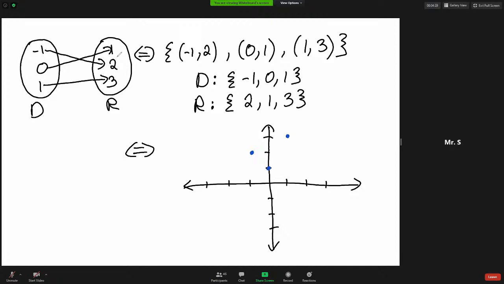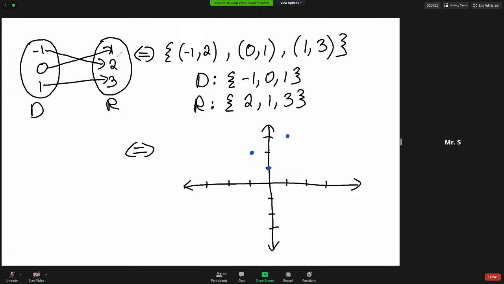So again, a relation is just a correspondence between two sets, and those two sets have a name. The first is the domain, and the second set is the range, and we also refer to them sometimes as input and output.